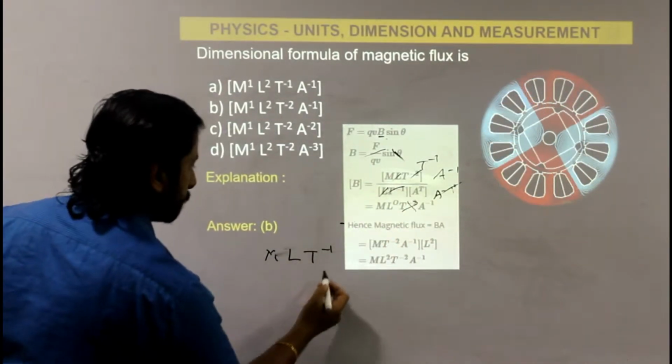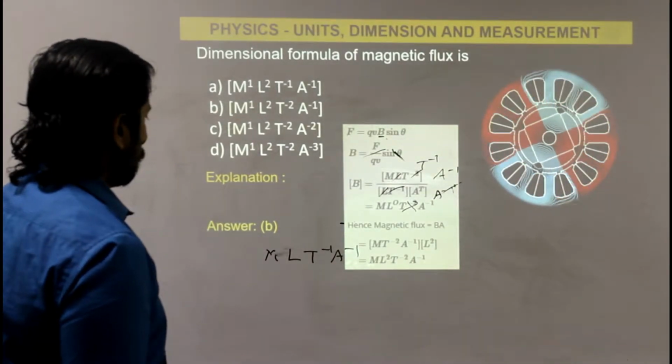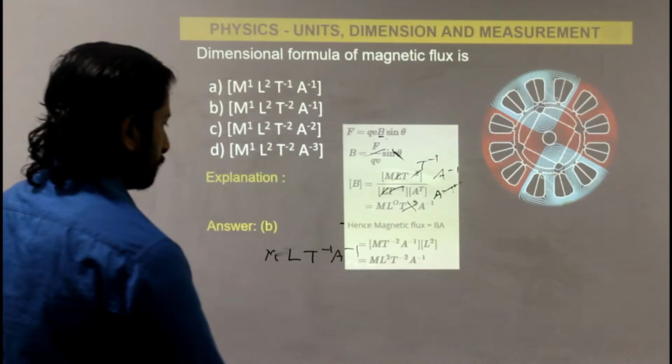It's not T power minus 2, it's T power minus 1, A power minus 1. You got this one. And obviously we have to analyze it over here.